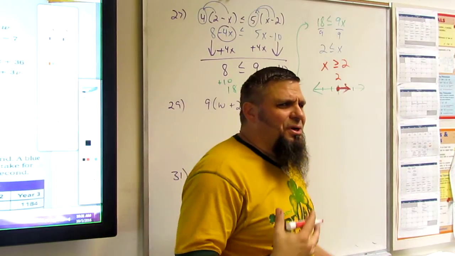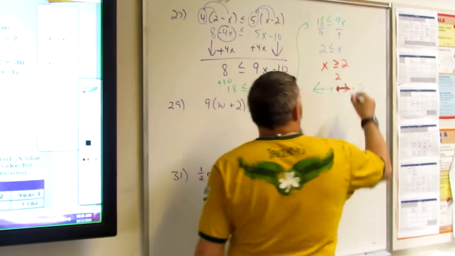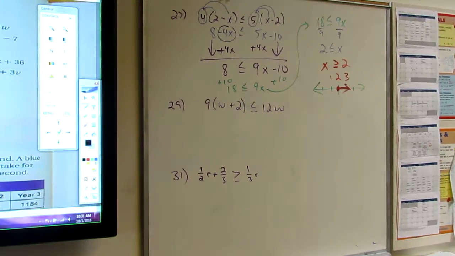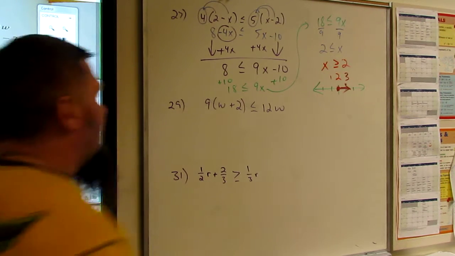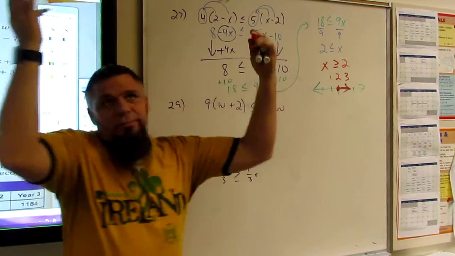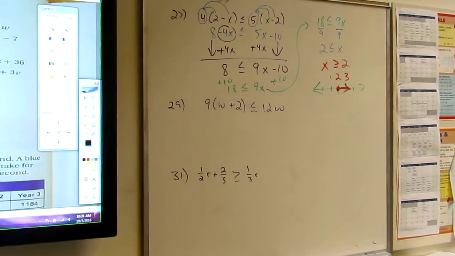I'm pretty sure you know that 3 comes after 2, and that 1 comes before it. So why do I have to worry about you putting those in? I don't. What I have to worry about you putting in is this. So the 1 and the 3 part, put it in if you feel more comfortable.